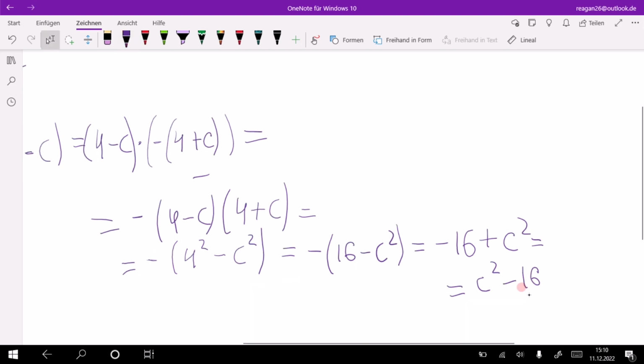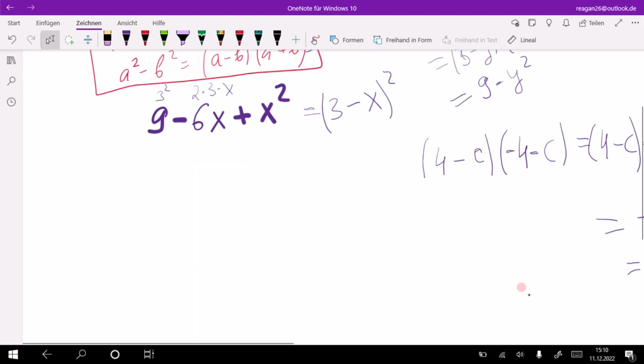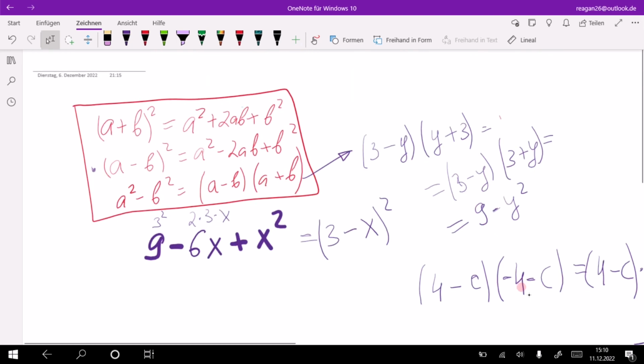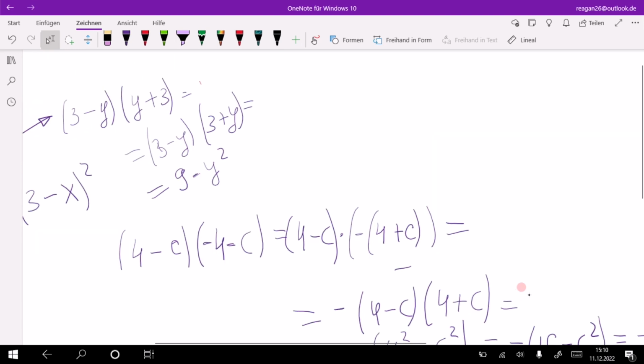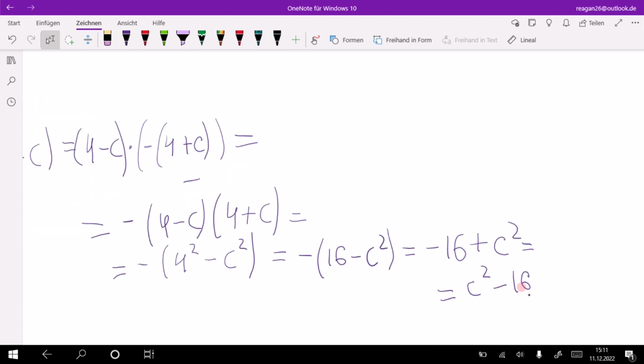So the purpose of this video was to give you some tips on how to see these short formulas, how to play with them, and so on, because you really need to be able to do such math transformations to solve different problems.